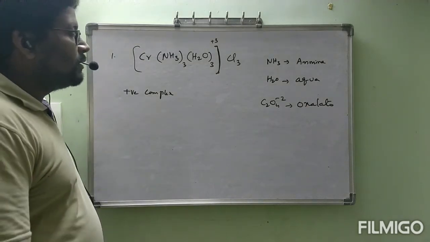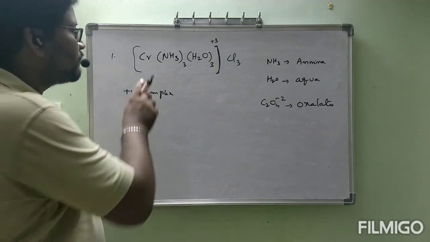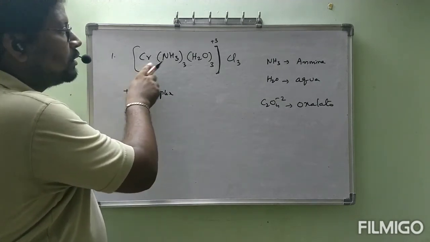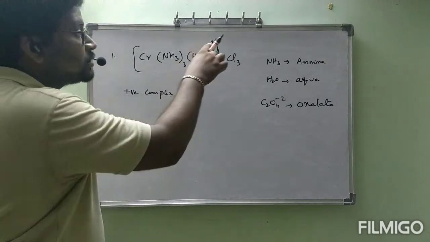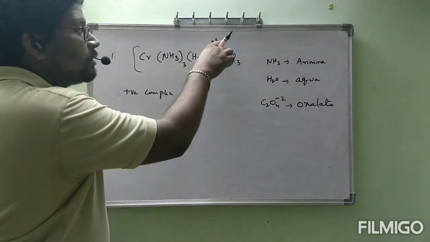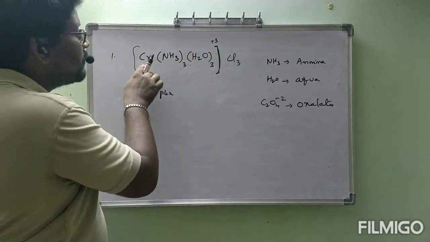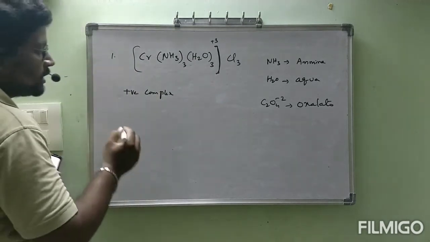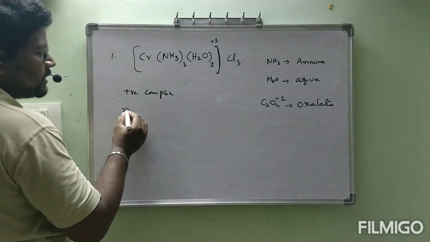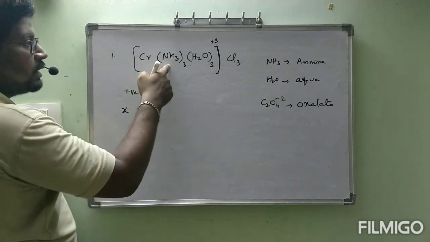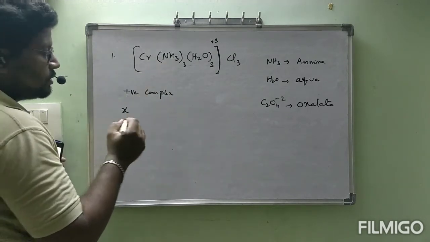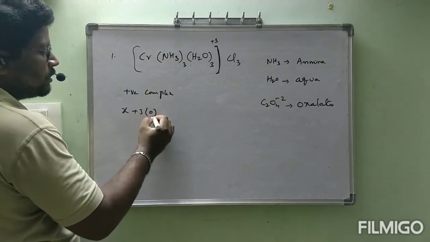But we want the oxidation number of chromium, not plus 3. This is the total complex, plus 3. But we have to find the oxidation number of chromium. Let it be X. NH3 is 0, so 3 into 0.